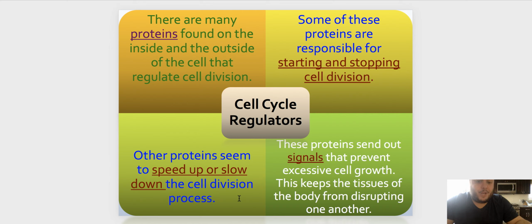What proteins do we know that speed up or slow down any sort of process? Your answer should be enzymes. Enzymes are proteins. And the proteins don't send out signals. They keep tissues from disrupting one another. So the whole point of this is, what regulates the cell cycle? Proteins, enzymes. That's what you need to remember, okay?